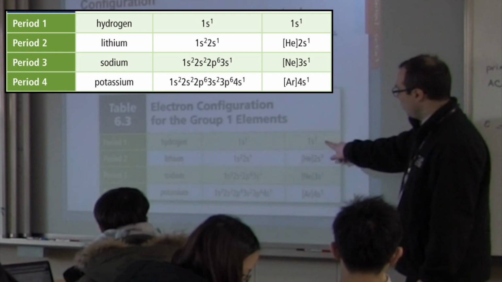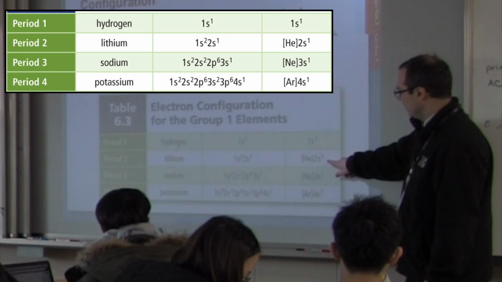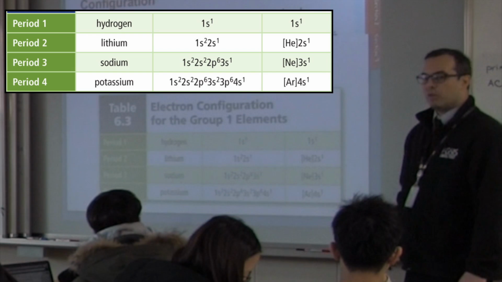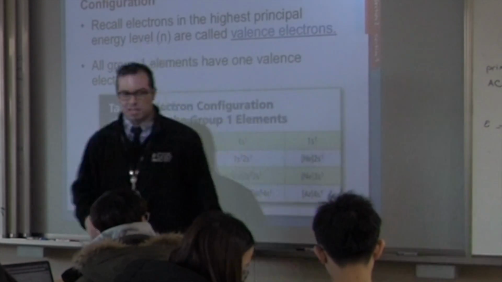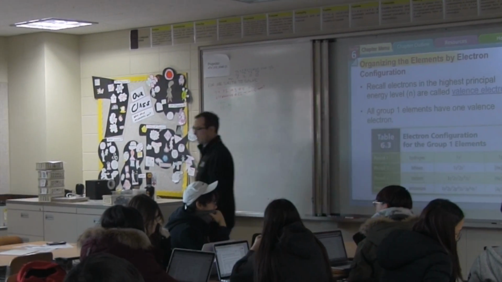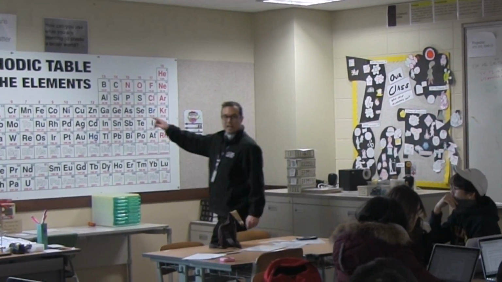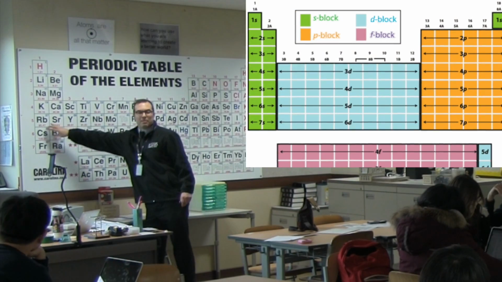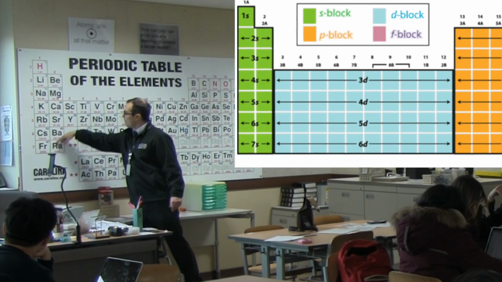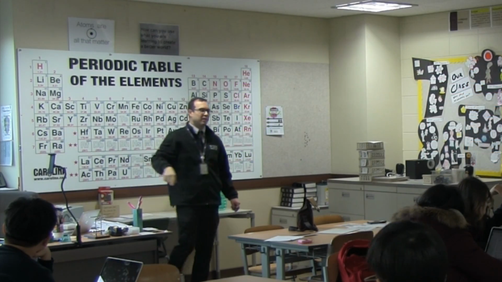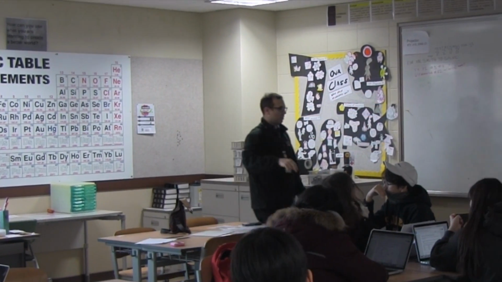And so if we go from 1s1 helium to s1, well, the first thing I want to say about the blocks is I want to tell you about the s block. The s block is over here. The s block is the first 2 families on your periodic table, and they're kind of set apart. This whole thing over here is the s block, and it holds 2 in it.